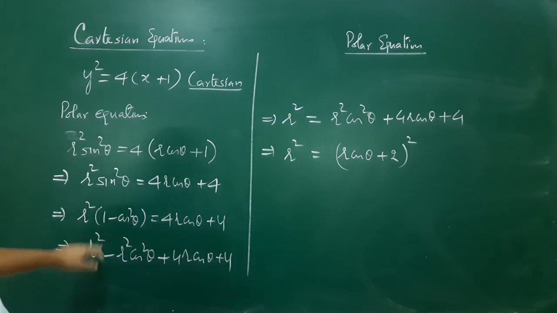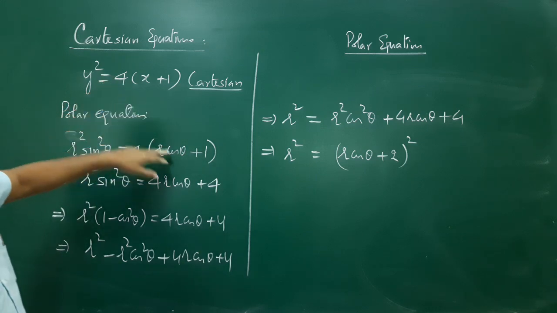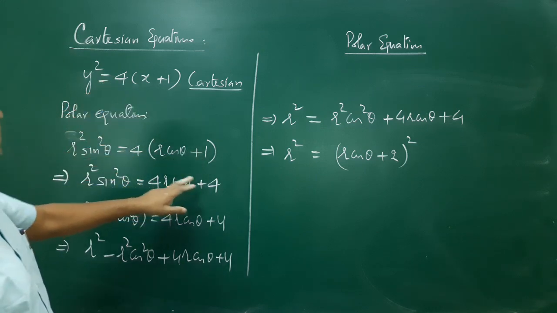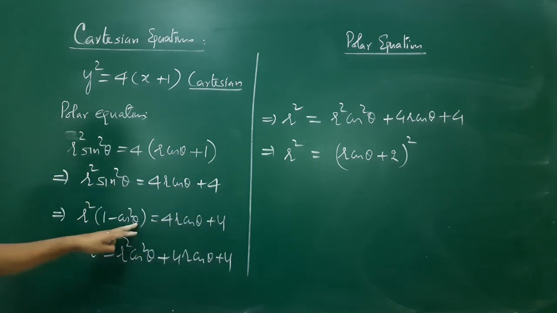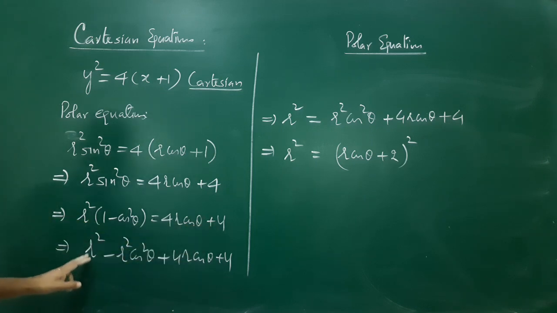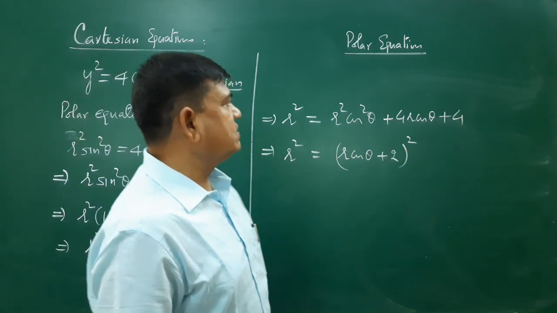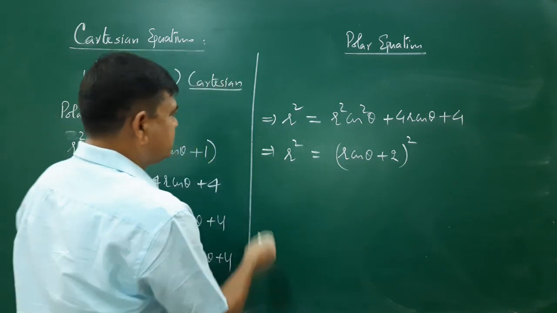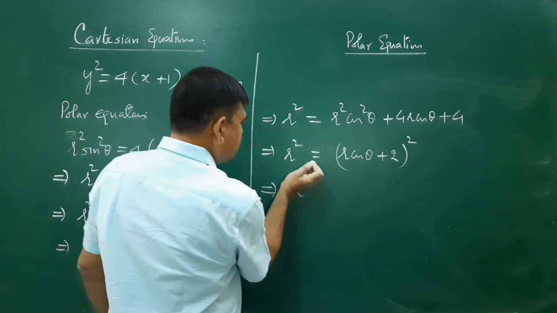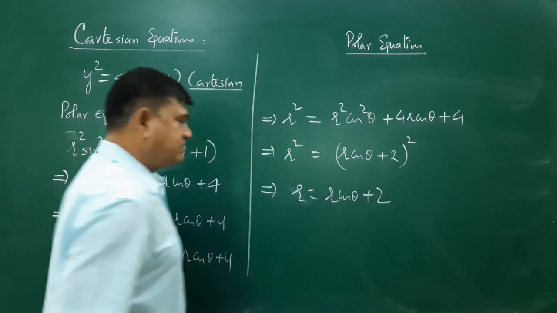Y square is r square sin square theta, 4x is 4(r cos theta plus 1), so 4r cos theta plus 4 equals r square sin square theta. This is r square minus r square cos square theta equals 4r cos theta plus 4. Transpose to that side, so r square equals r square cos square theta plus 4r cos theta plus 4. So r equals r cos theta plus 2, that is a positive sign.